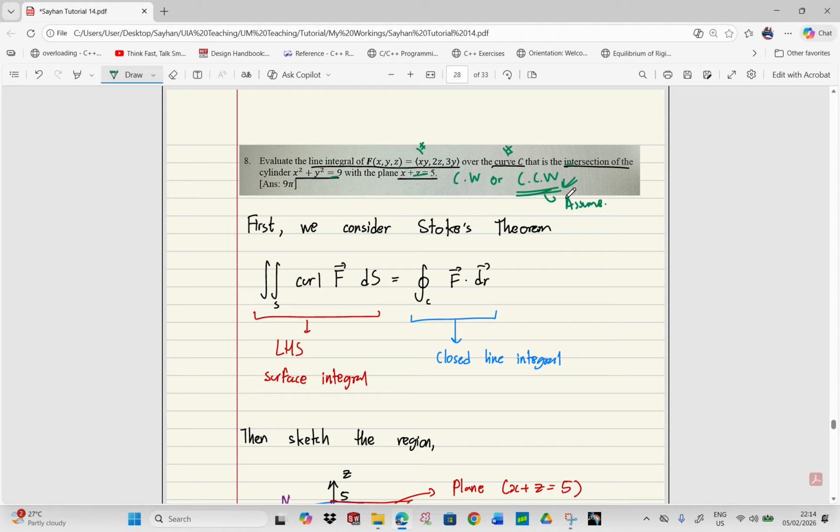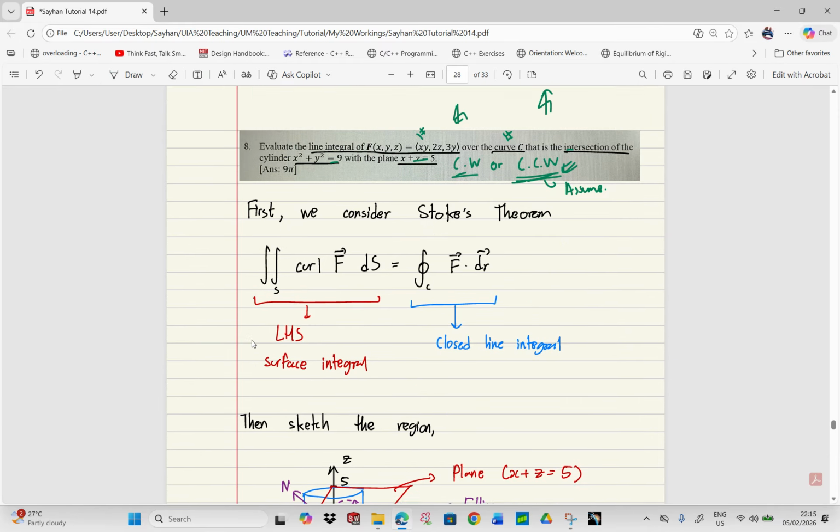If they specifically mention the direction of the normal vector, for example going downwards, then we know it's clockwise. If it's going upwards, we know it's counterclockwise. If they didn't mention anything whatsoever, just assume counterclockwise, which I did here in this example.